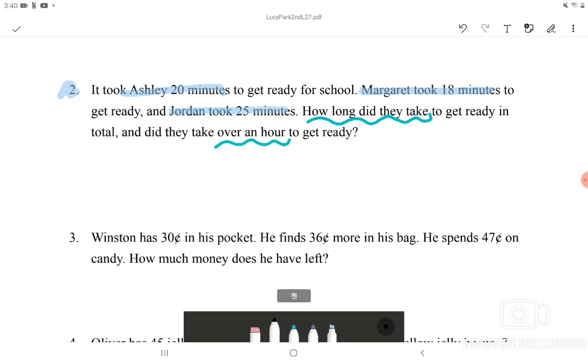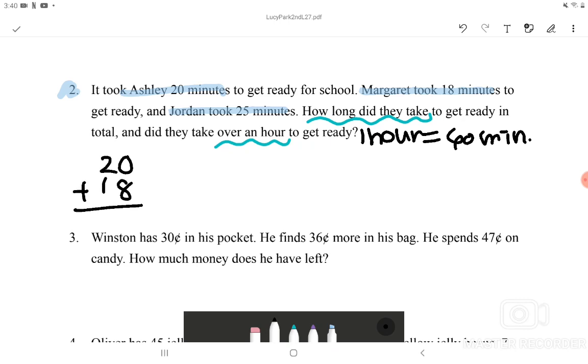So for the second question, we have to know that 1 hour is equal to 60 minutes. So let's start by adding all the 3 numbers, which is 20, 18, and 25, to know how much time they took in total. So I will begin with 20 plus 18. 0 plus 8 is equal to 8. 2 plus 1 is equal to 3.